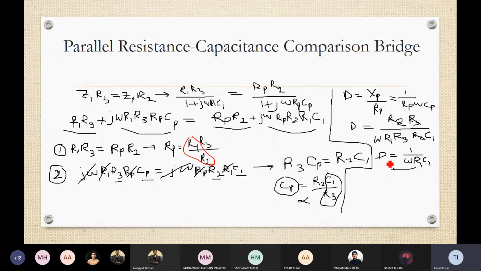So we end up with only 1 by omega R1 C1, and that is the dissipation factor of Z1.